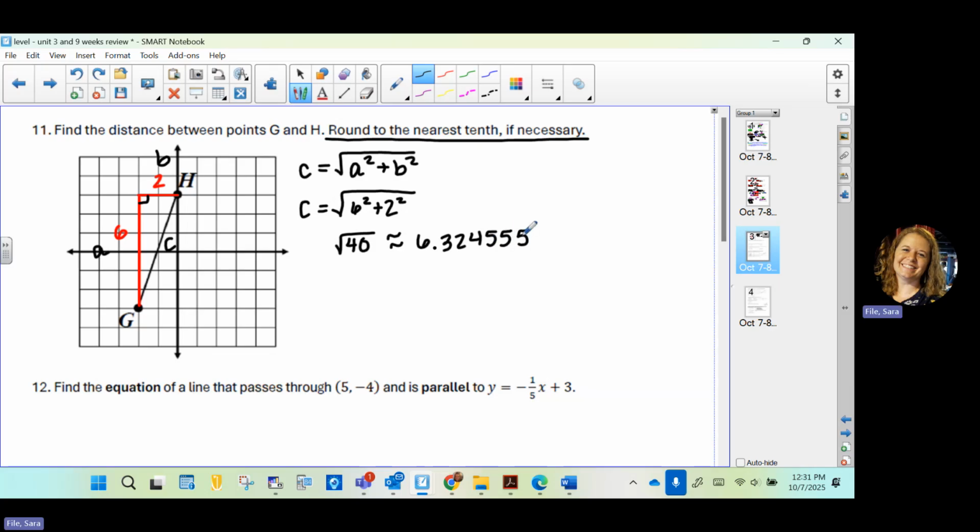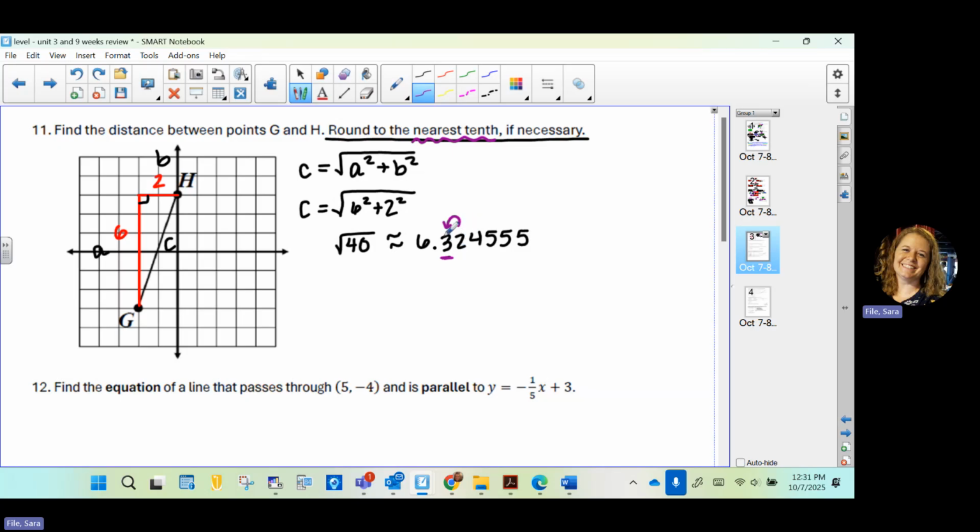Okay, and it's further than that, but that's enough. So when it says nearest tenth, the tenth is one place after the decimal, but you always look one past whatever you're rounding to see if that should round it up or not. So the 3 is in the tenths place, but I look at the 2.